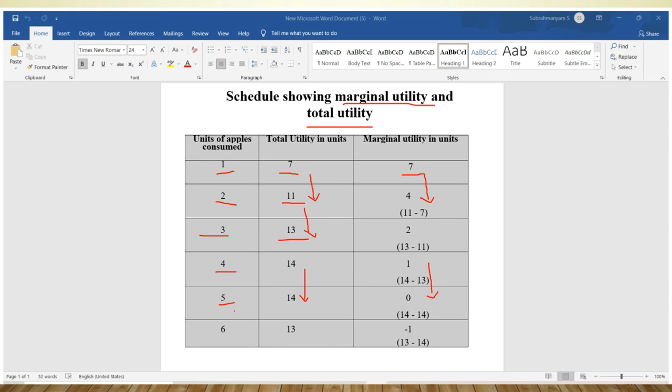After the fifth apple, suppose he consumed the sixth apple, total utility decreases from 14 units to 13 units, and marginal utility declines from 0 units to negative, that is, -1.